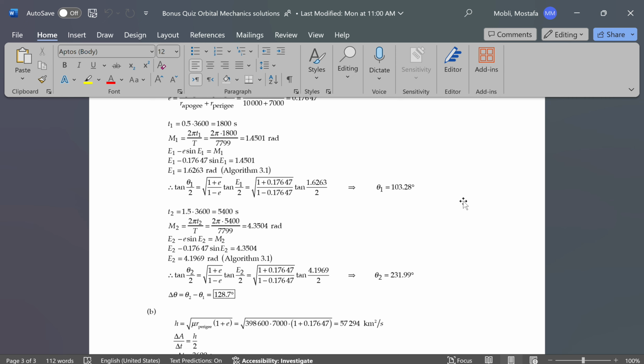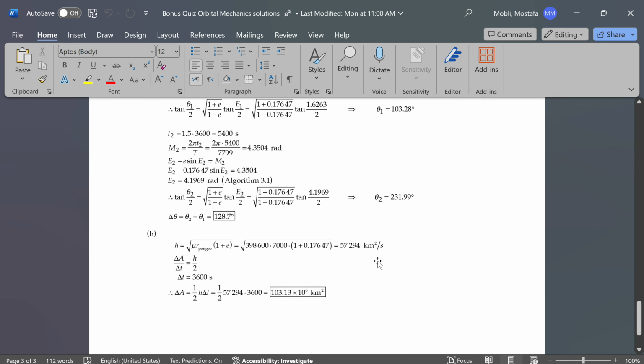Well, how can I find the area that is swept through this process? How can I find the area? I know that's Kepler's law, the equation. So the idea is area is related to the angular momentum, right?